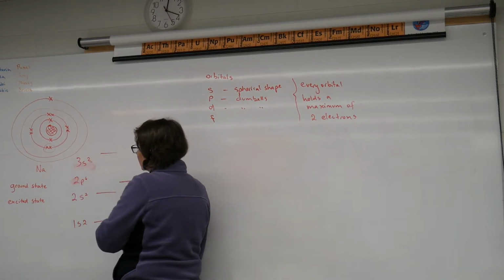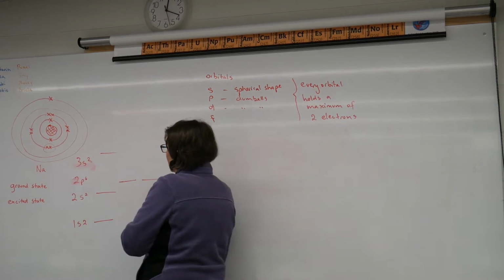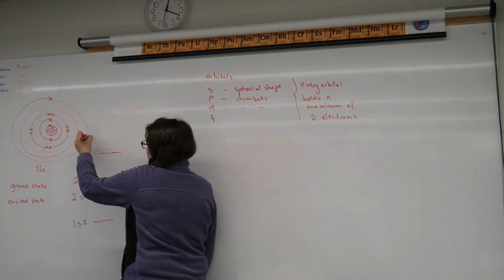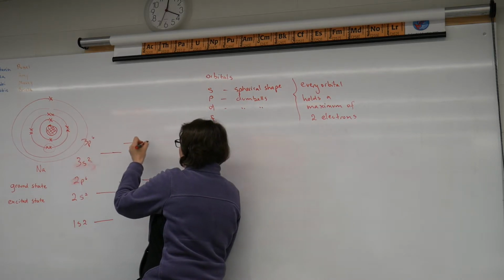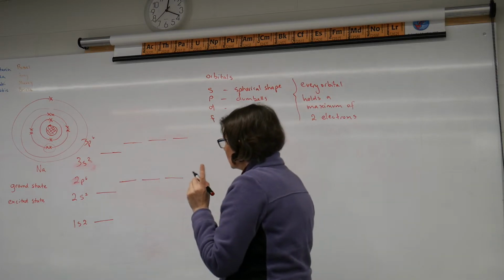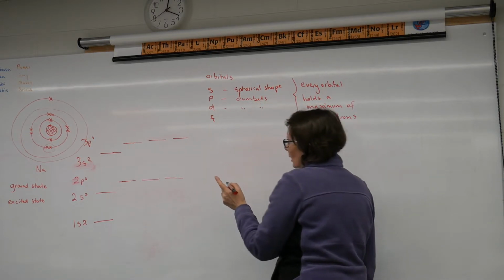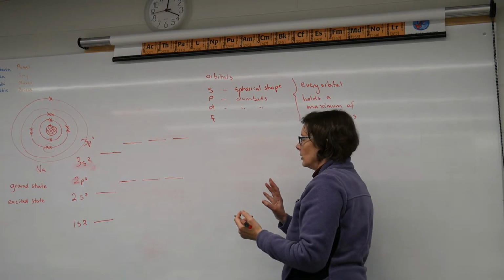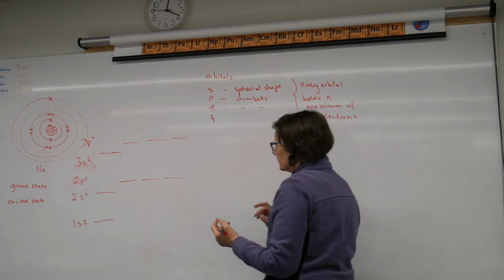When we go up, 3s2 is our next one, and again it can hold 2 electrons. 3p6, same again. And we'll just stop there for the moment, because what I want to do is look at how I can talk about electron configurations for an element.